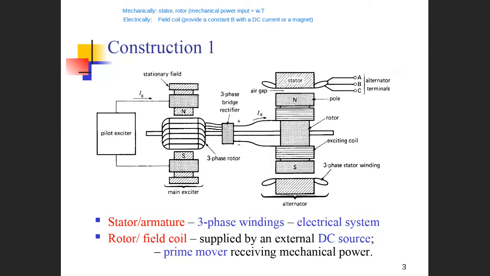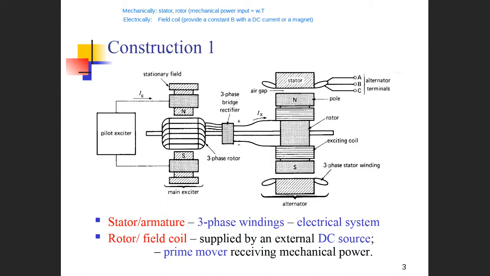Armature coils output electricity. So this is the output power.